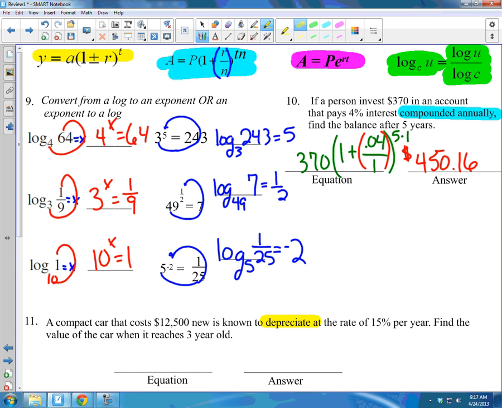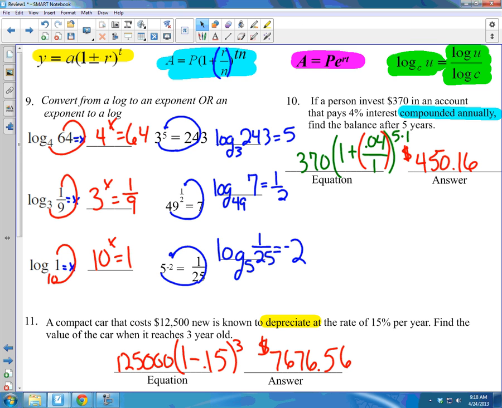And to do that, I'm going to take the initial amount of the car, that's the A, and then 1 minus, because it's going down, so I want to use the minus version of the formula. My rate, so 0.15, that's the decimal, and then my exponent, 3. And again, I'll just type that in exactly as I see it. I don't have to worry about any extra parentheses. And when I'm done, I'll get the car is worth $7,676.56.